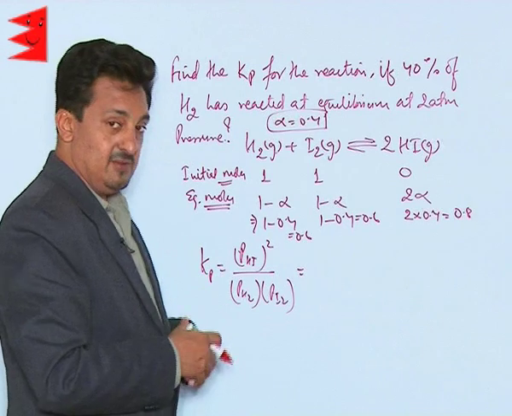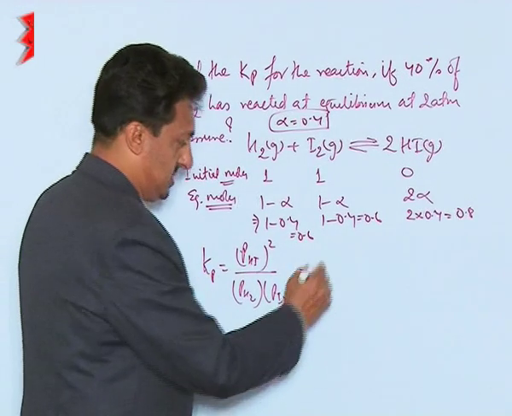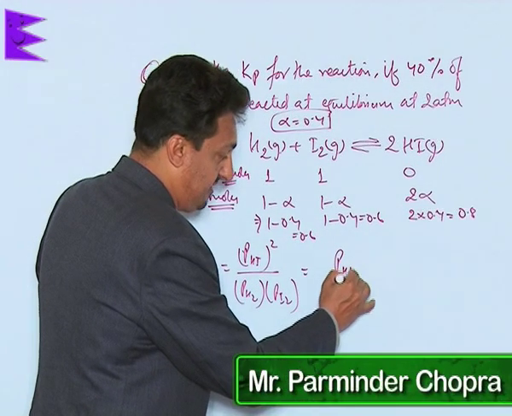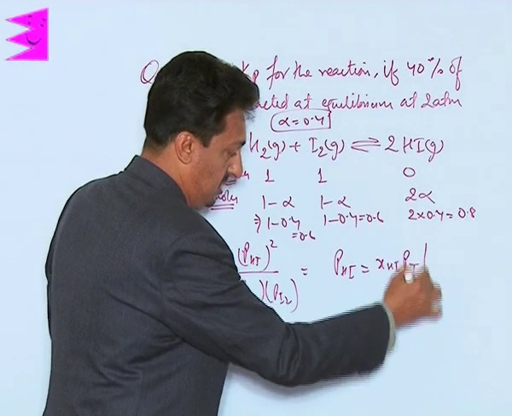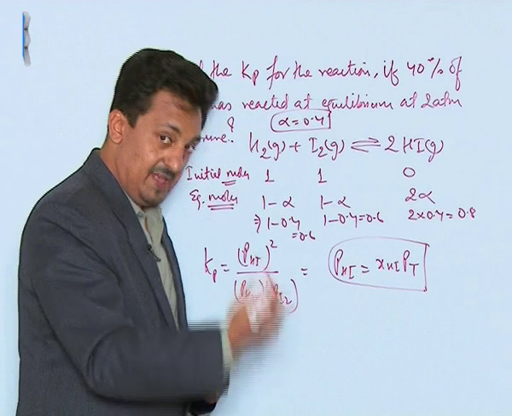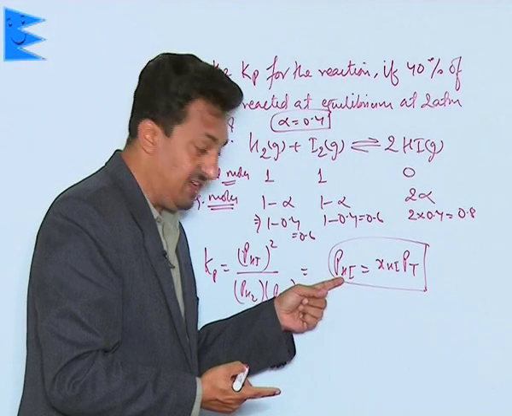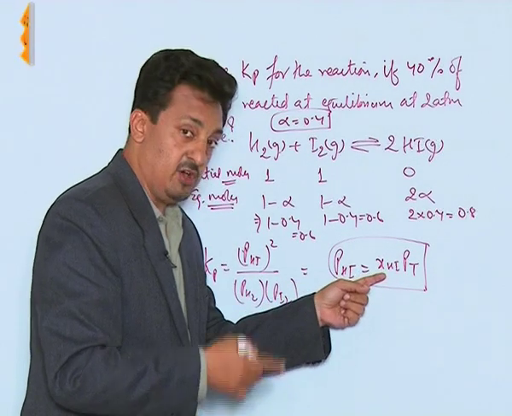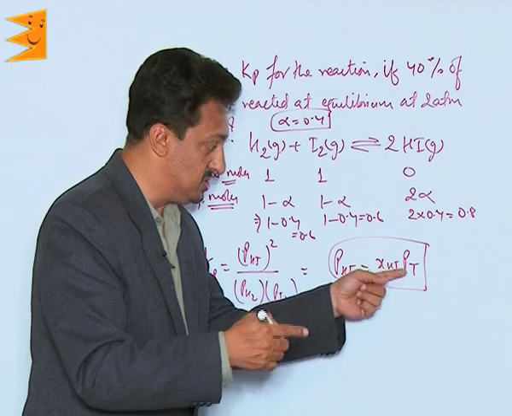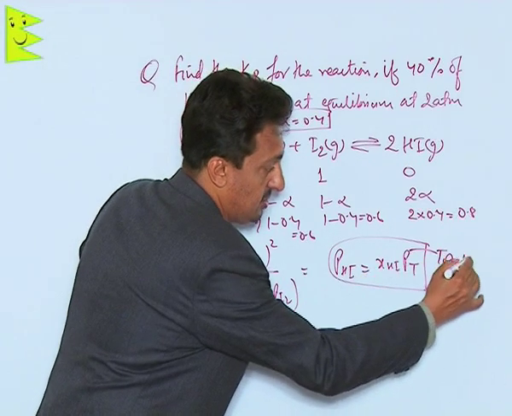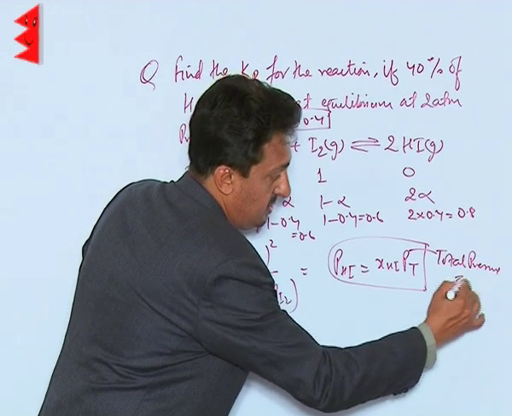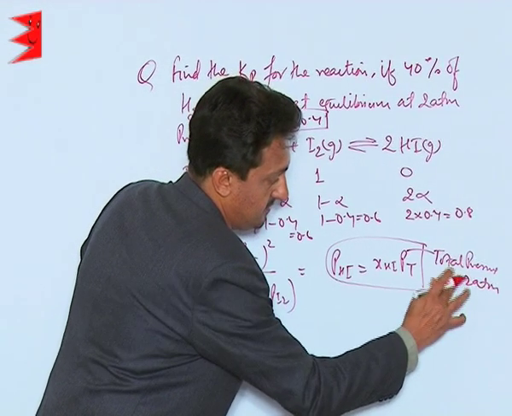Now, how to find out the partial pressure? We know this. Partial pressure of any substance is equal to mole fraction of that substance into P total. I am repeating again. Partial pressure of any gas is equal to the product of mole fraction of that gas into the total pressure. P total means this is your total pressure, which here is 2 atm.